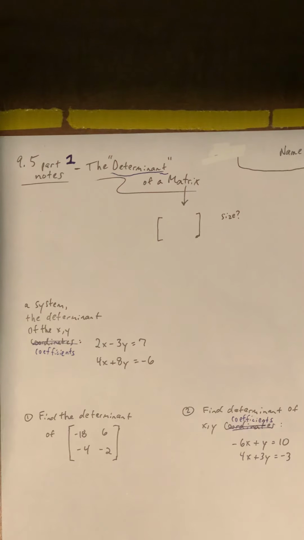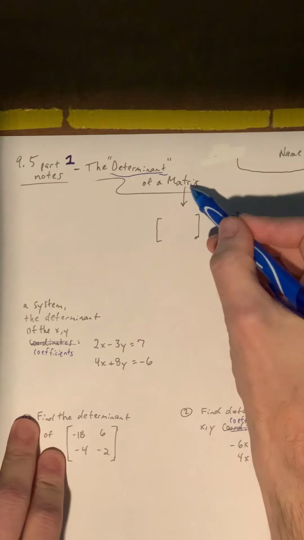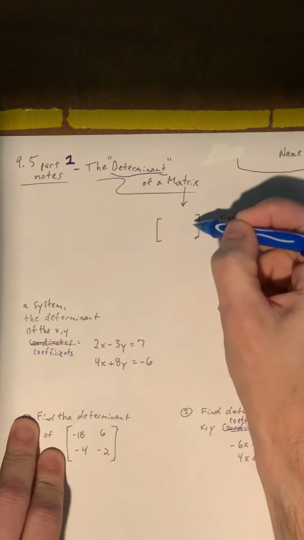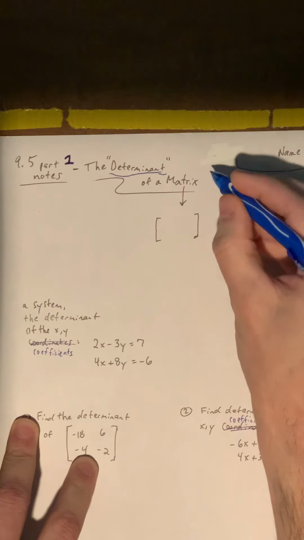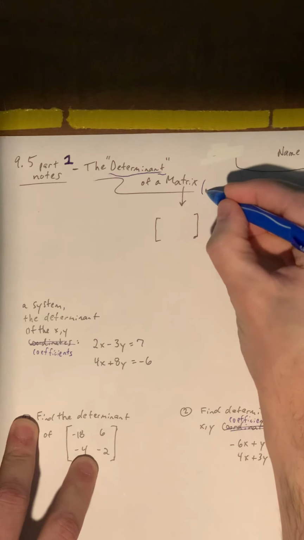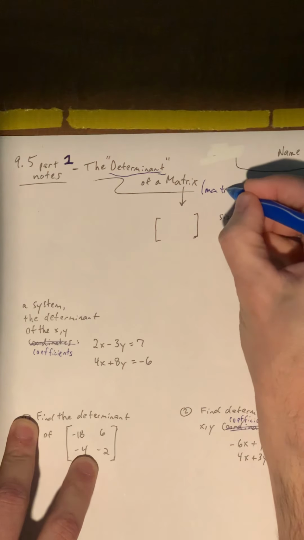All right, first of all, in math, a matrix is just a way to organize data. It's just a way to organize data that you collect. It looks like numbers inside these types of brackets, okay? And by the way, the plural of matrix is matrices.